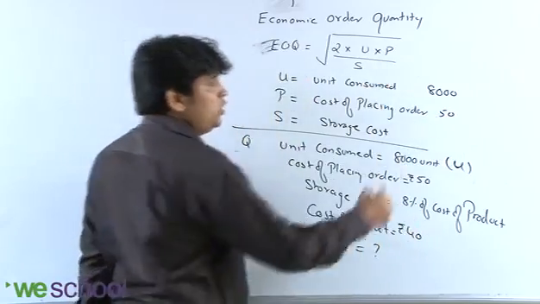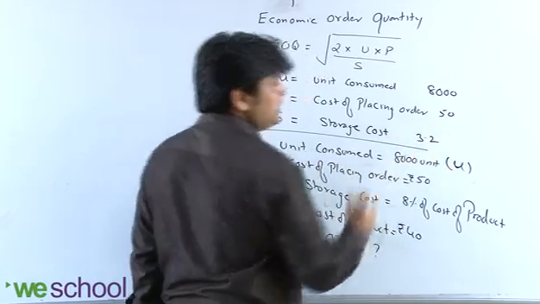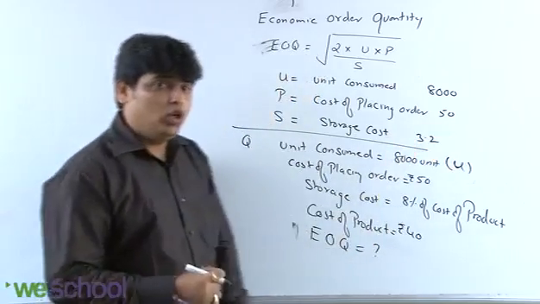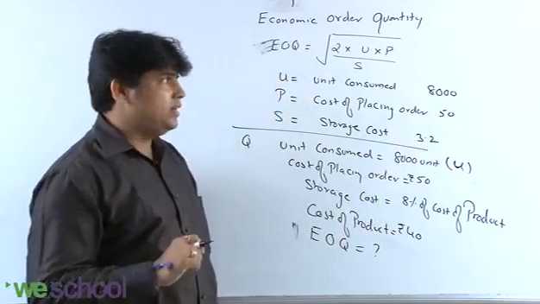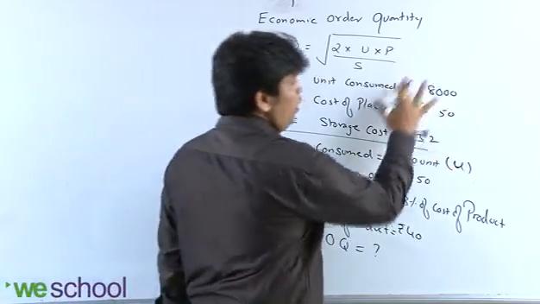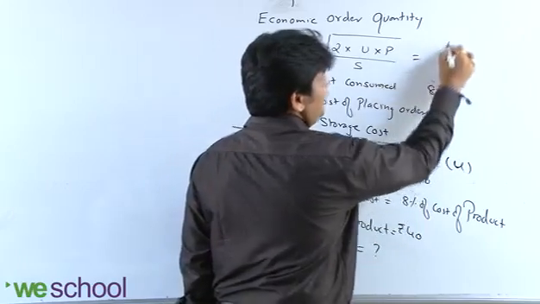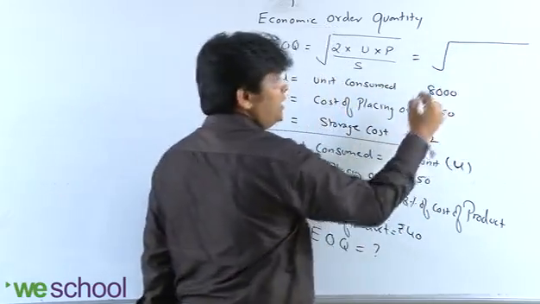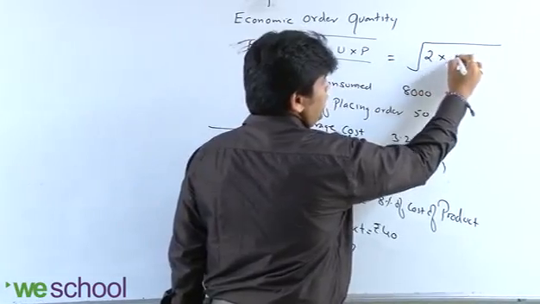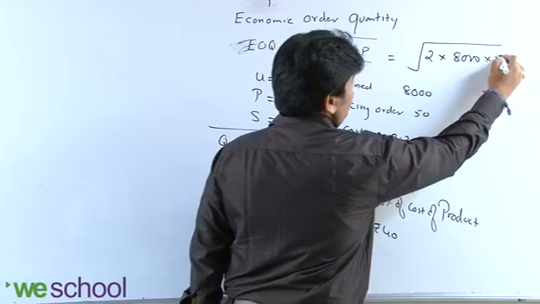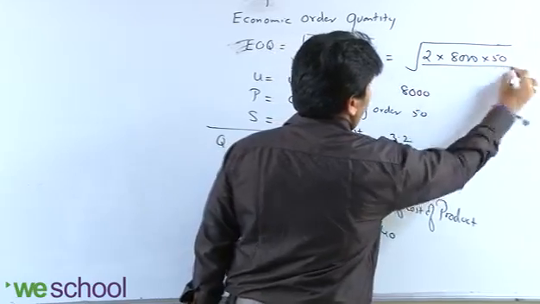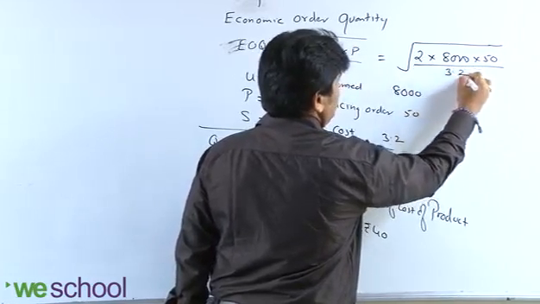So that will give you 3 rupees 20 paise. Now since I told you to get a calculator having root sign, let us put all this information in the given formula. My formula is square root of 2 into units consumed 8,000 into 50 divided by 3 rupees 20 paise.